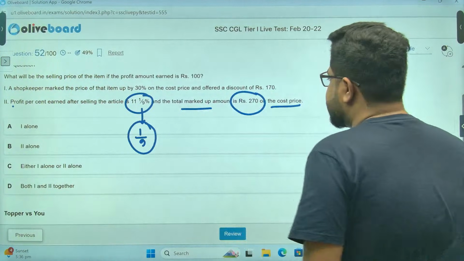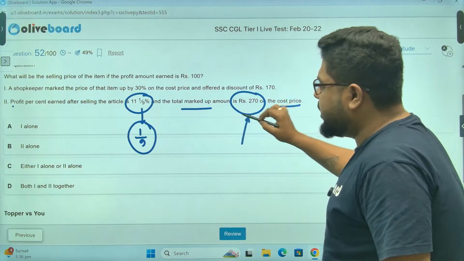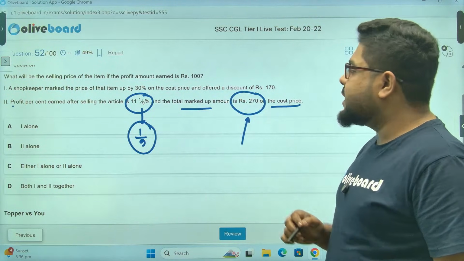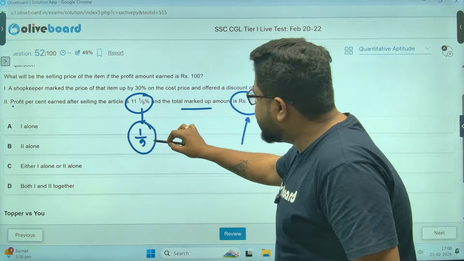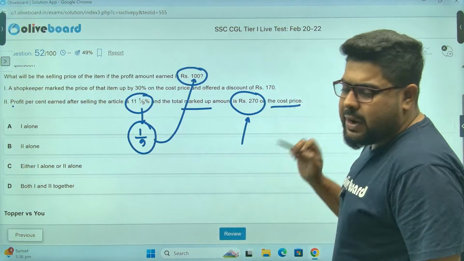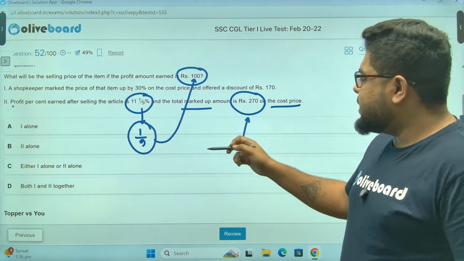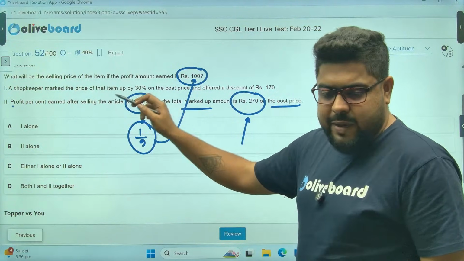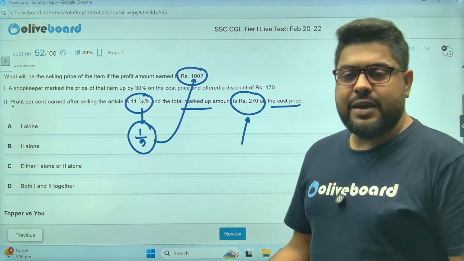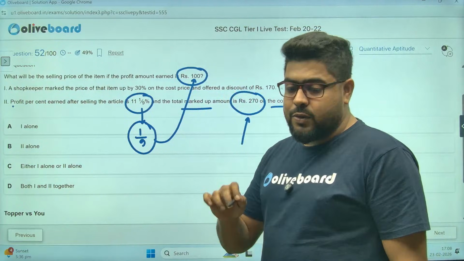Here the difference is they have given you the markup in amount and the profit percentage is given. Profit percentage is given, and here the profit is also given. I don't really need the markup. So I can say profit 1/9 of my CP is 100. So my CP I can figure out. And if I can figure out CP, I can figure out SP. I don't need to do it.